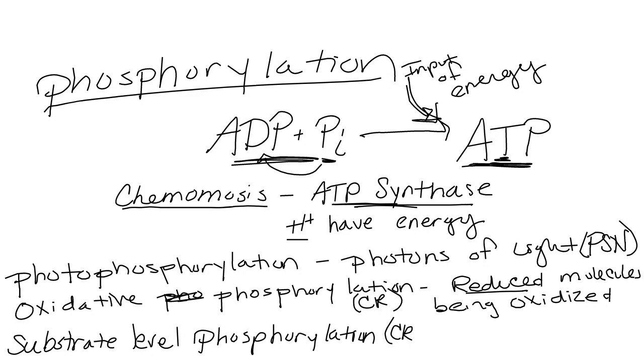We talked about this in cellular respiration. This is a substrate breaking apart. So it's a molecule breaking apart. As that molecule breaks apart, it releases a little bit of energy, and that little bit of energy is what's powering the ADP to become ATP again. It's releasing it, and it's providing a little bit of energy that way. This is energetically low.